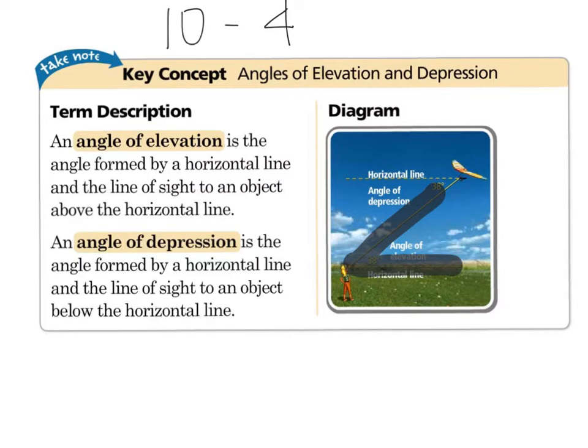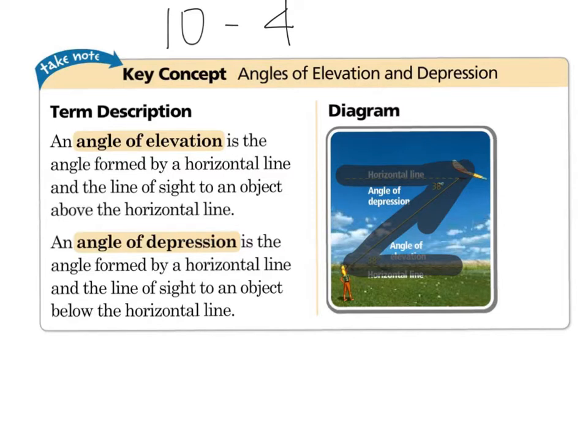Whereas if, say, you're in a plane and your normal line of sight is looking straight across the sky, and you look down at somebody or something on the ground, that angle is the angle of depression. So think of it as your original line of sight and your new line of sight when you're looking at something new. A common angle of depression question is a plane, but also when you're, say, in a boat, or you're on the top of a building.